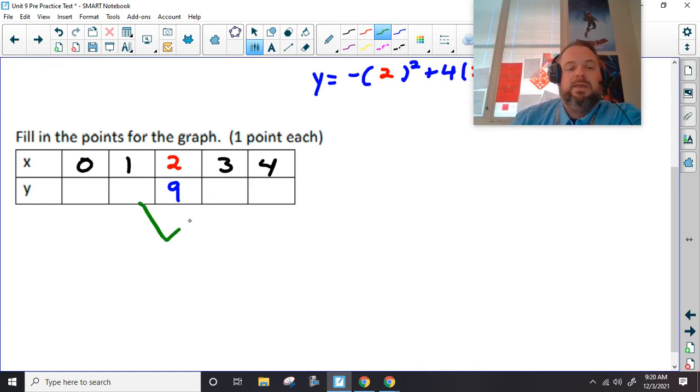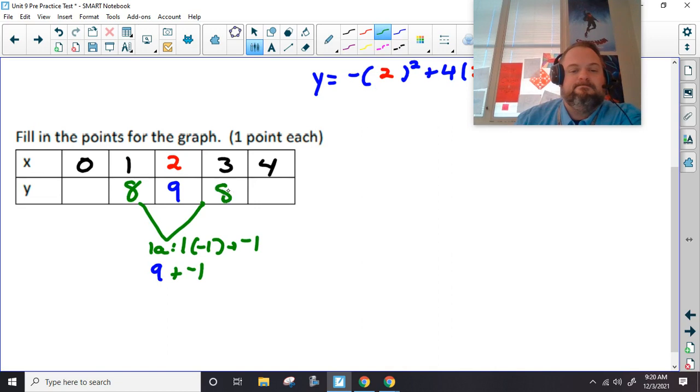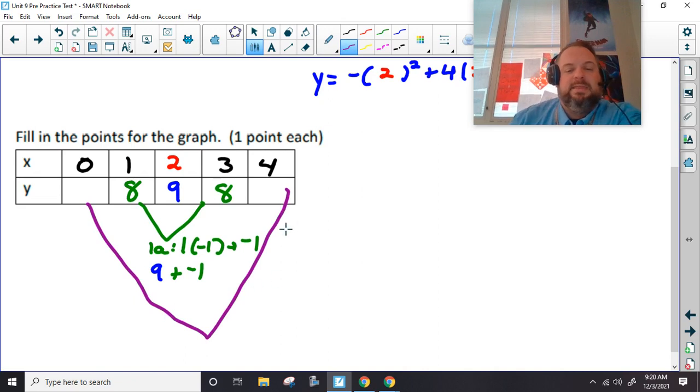So remember, this is 1a. Well, that's 1 times negative 1 this time, which gives us negative 1. So what is 9 plus negative 1? 8. Okay.